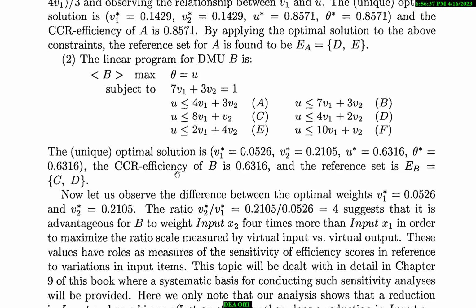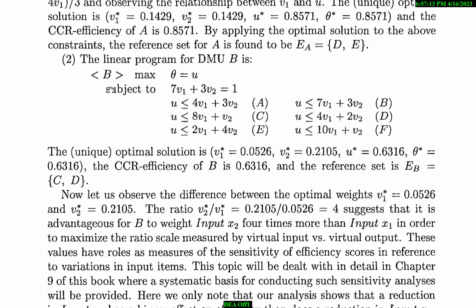So the CCR efficiency of B is less than 1, so B is also inefficient, and its reference set is C and D. This means if you put these optimal solutions in the constraints, then you have equality for the constraints of C and D.